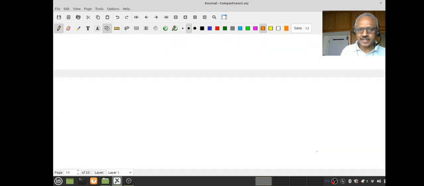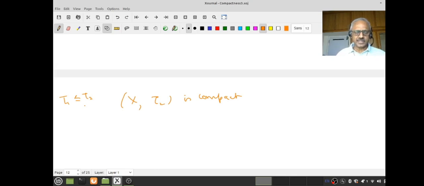On the other hand, suppose (X, tau 2) is compact. Again, we are assuming tau 1 is coarser than tau 2, or tau 2 is finer than tau 1. Suppose this is compact, then I want to claim (X, tau 1) is compact.